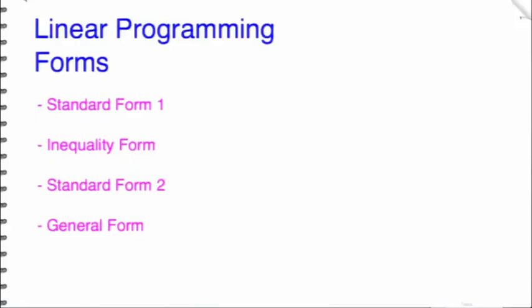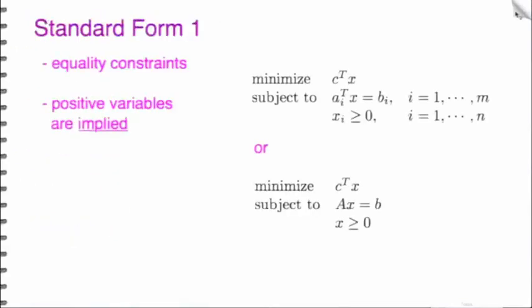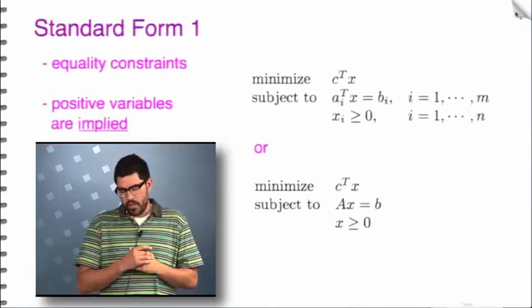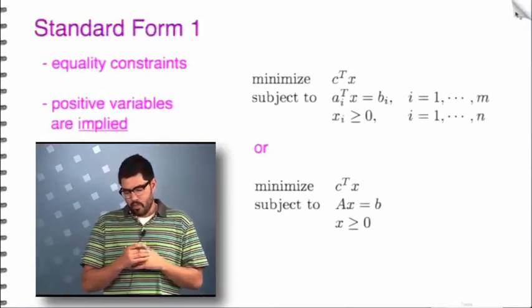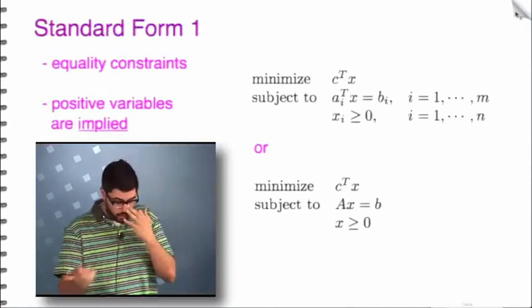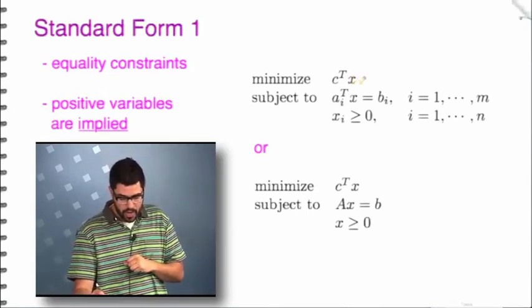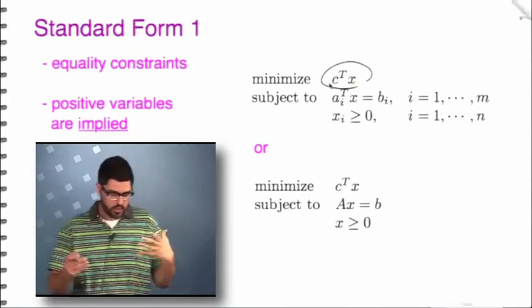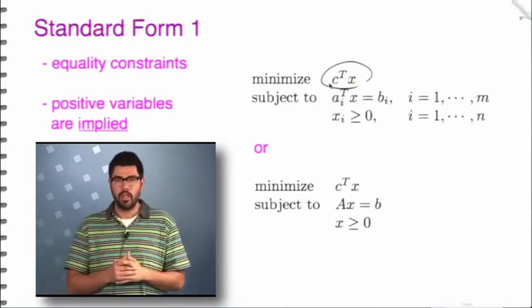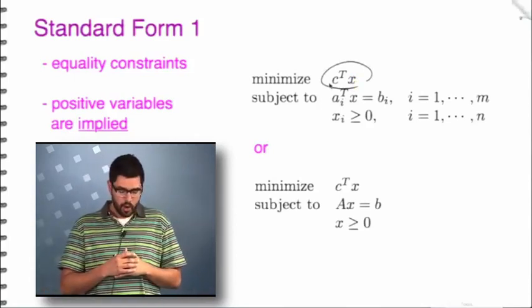Let's start with the first version of the standard form. First of all, of course, it's a linear programming problem, so you have linear constraints. That's common to all of the forms.